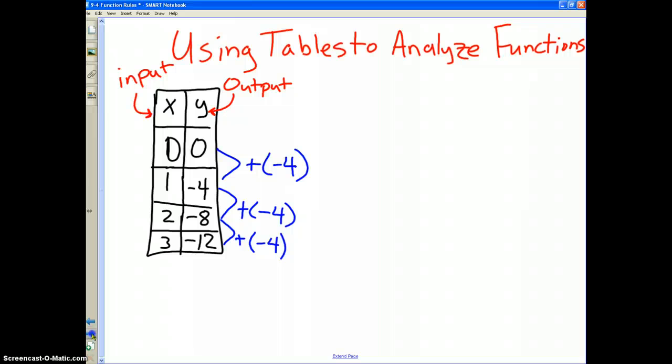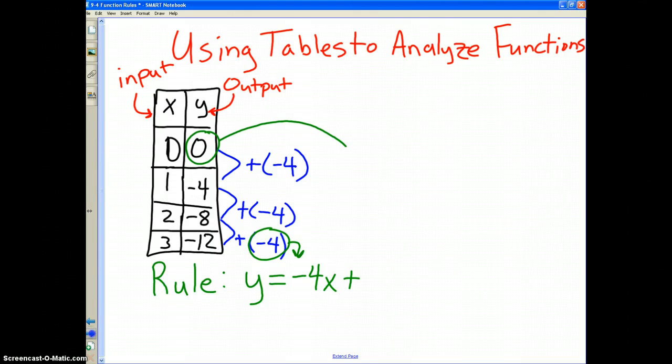So what I'd like to do is down here at the bottom, I'm going to write the rule. Unlike yesterday, we're going to start out with y equals, and now we're going to use our common difference of -4, bring that down, -4x, and then we're going to add our first y term.